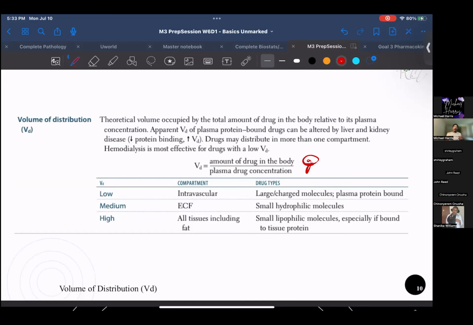Now, with that being said, remember you got different compartments. Depending on what compartment they can stay in determines their volume of distribution.